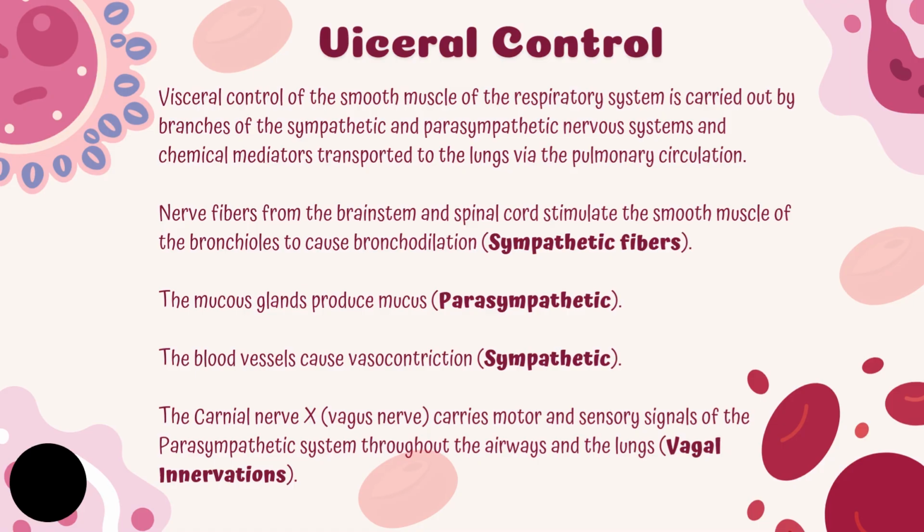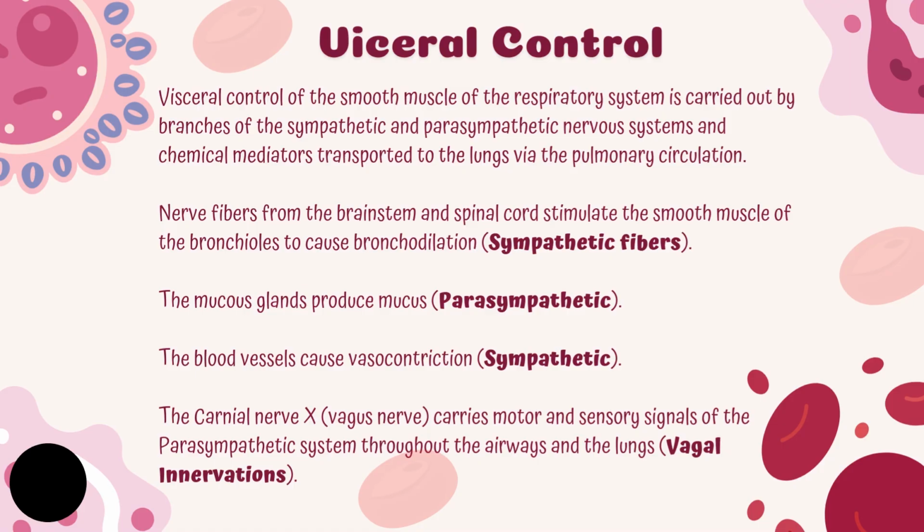Nerve fibers from the brainstem and spinal cord stimulate the smooth muscle of the bronchioles to cause bronchial dilation, which is basically known as the sympathetic fibers. The mucus glands produce mucus, which activates the parasympathetic.